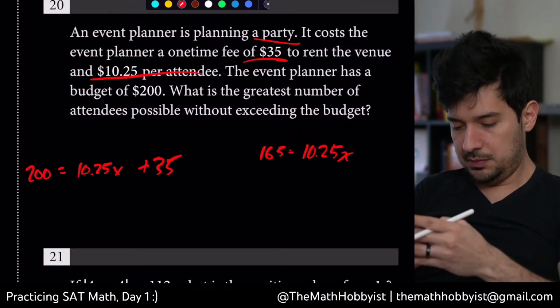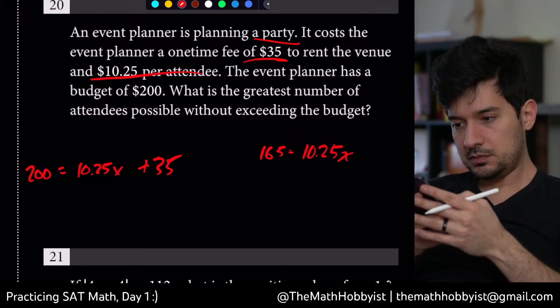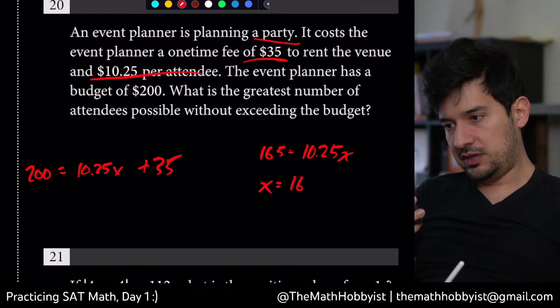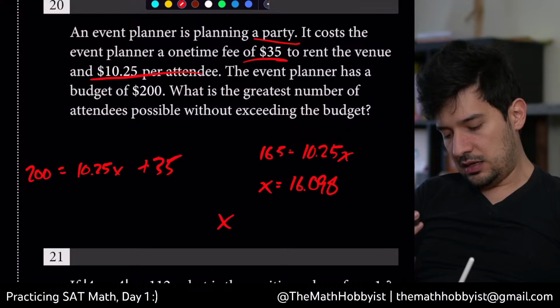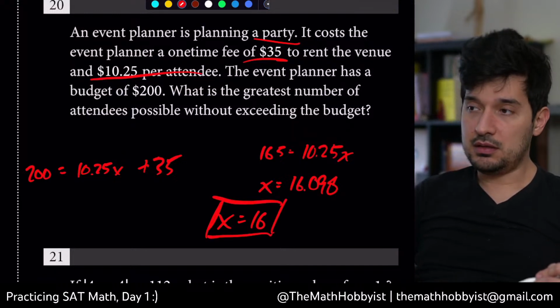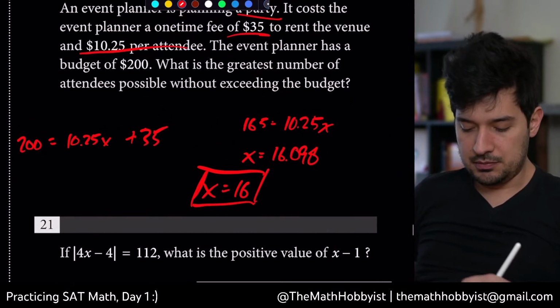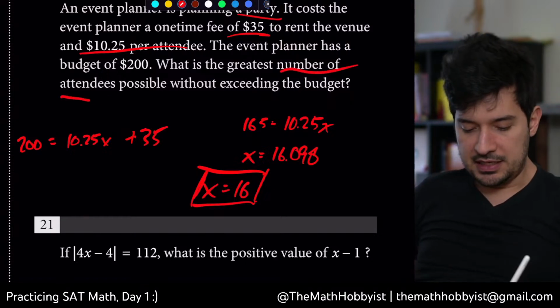Let's ask ChatGPT. So this solves x equals 16.098. So then therefore the maximum number of people is 16. And the question is making sure that you know not to write down the decimal. It's like a number of attendees.